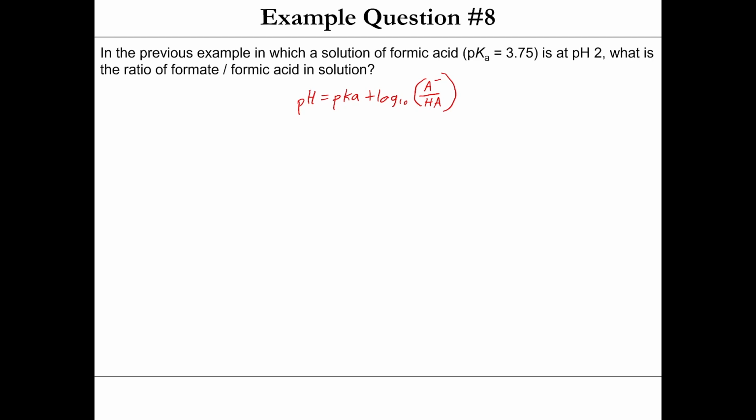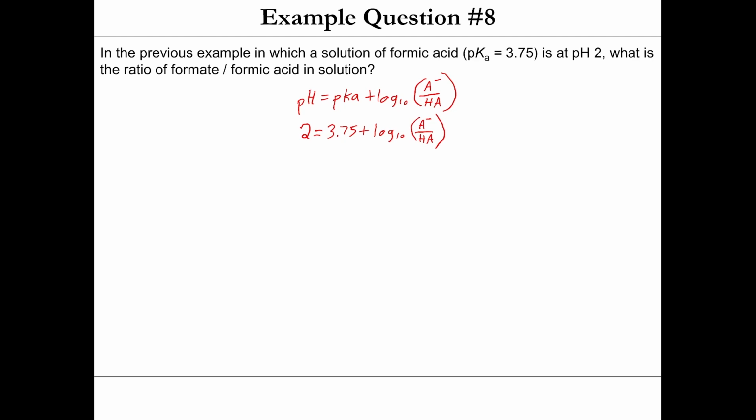So we already have a lot of information that we can plug in. We know the pH, so 2 equals the pKa, which is 3.75, plus the log base 10 of A minus concentration over HA concentration.